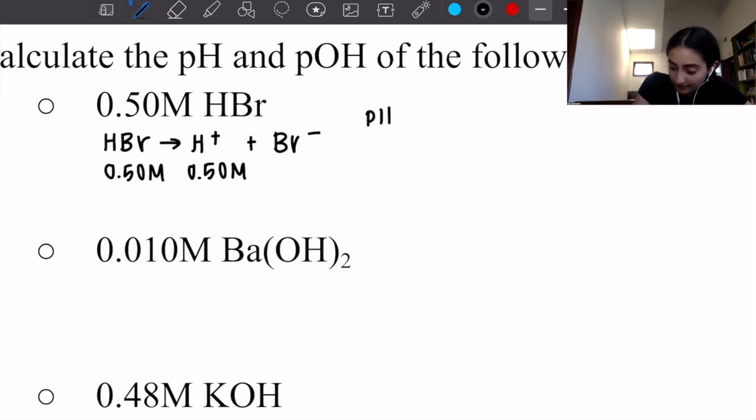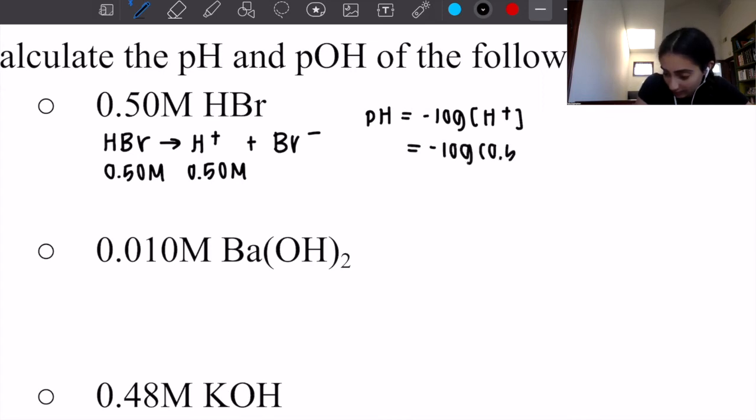So now let's calculate our pH. So we know that pH is the negative log of our concentration of H plus, which would be negative log of 0.50 molarity. So we're going to do negative log of 0.50, and this is 2 sig figs, which means that our pH is going to be 0.30.